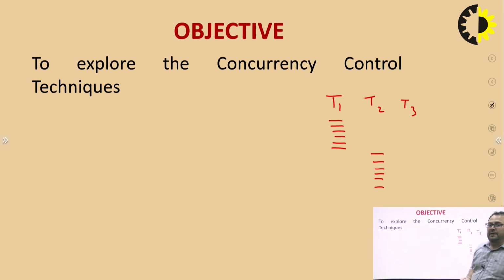In concurrent execution, in actual practice, the processes are running concurrently, which means there is overlap of execution.